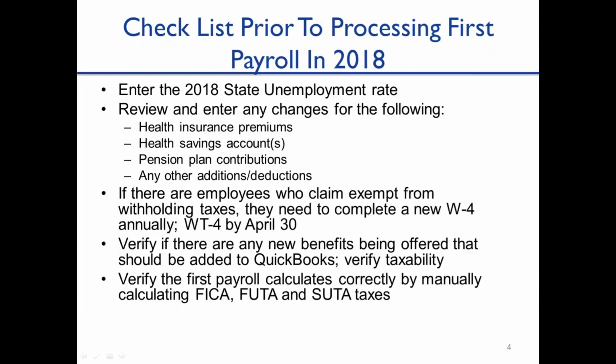If there's any employees that claim exempt from withholding taxes on the W-4 form, they need to complete a new W-4 by January 31st of each year. And if they don't, the employer has to withhold single zero. And if it's for the state of Wisconsin, you need to fill out a new WT-4 by April 30th.